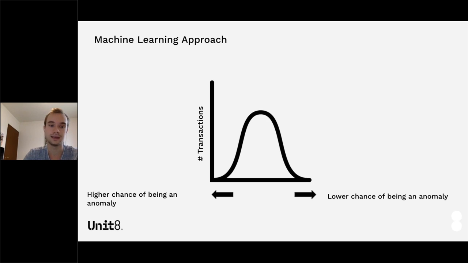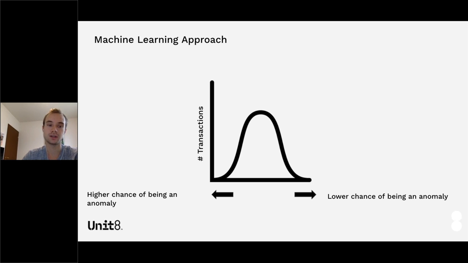This can also be seen as a ranking of anomalies according to their severity. So for instance, if lower values on the x-axis mean higher likelihood of being an anomaly, then transactions on the left of the diagram are the most severe. We take this ordering specifically because it relates to our model, but we'll get to that.